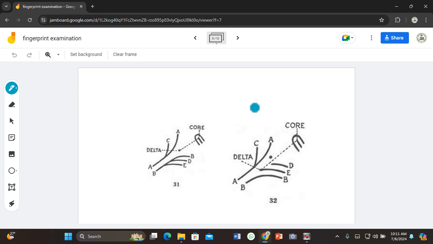But if there is a case, maybe a document that is brought to you in your office, and the first document, the questioned document, has a loop, and the person whom we allege to be the source of the document, we look at his fingerprint, maybe the collected one or the one that has been existing.